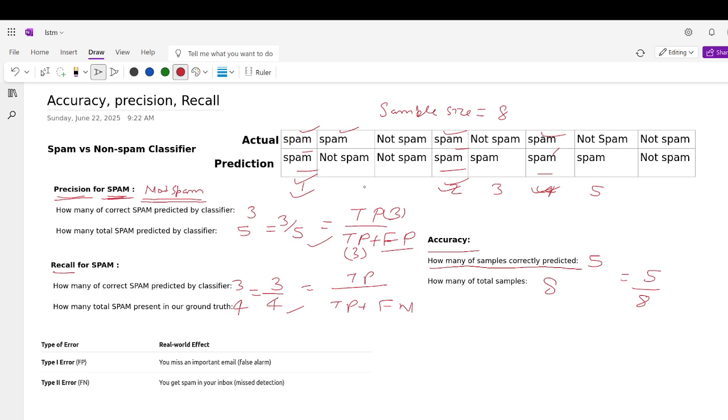False positive means our model has predicted spam, but it was not a correct spam because the actual value of that sample was different, which was not a spam. So let us look for this. These are the spam. Let's erase this first.